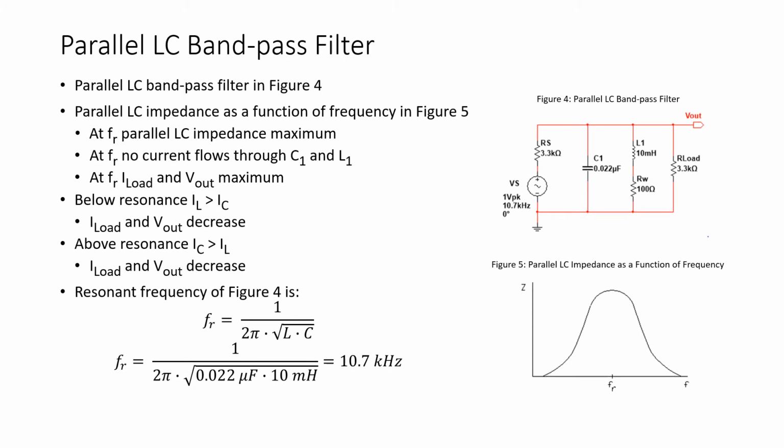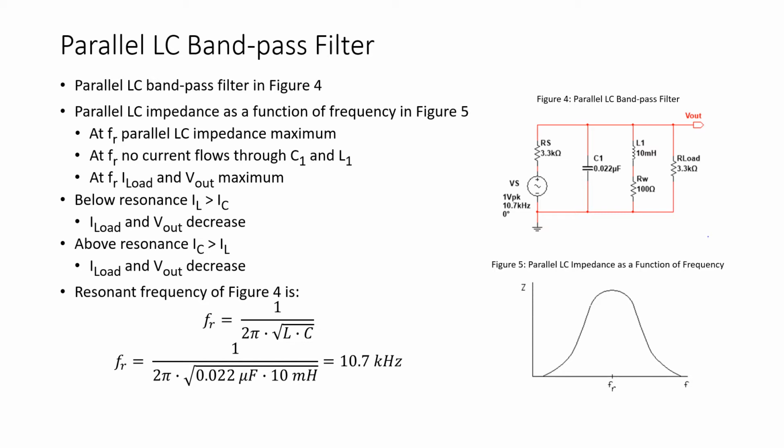Now we can also implement a bandpass filter with a parallel LC combination, as shown in the circuit of figure 4. Recall from our discussion of parallel LC circuits that at resonance the impedance of the parallel LC combination is maximum.